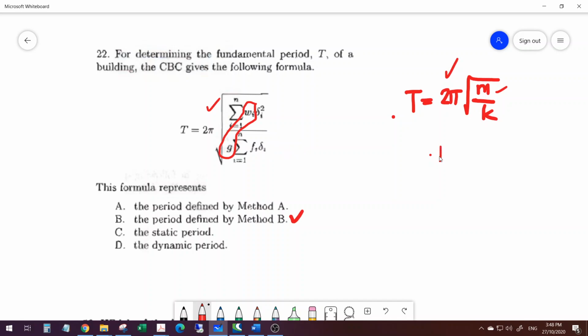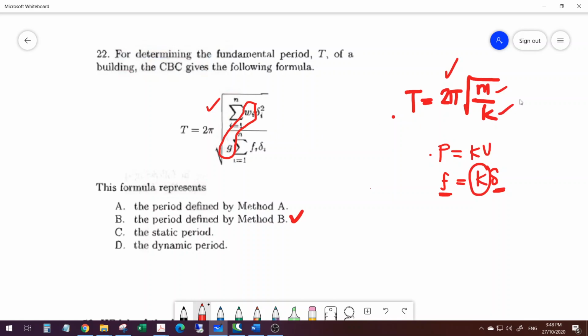Remember the stiffness method, P equals ku. If I rewrite that, F is equal to k delta. So it involves force and displacement. That is our stiffness.